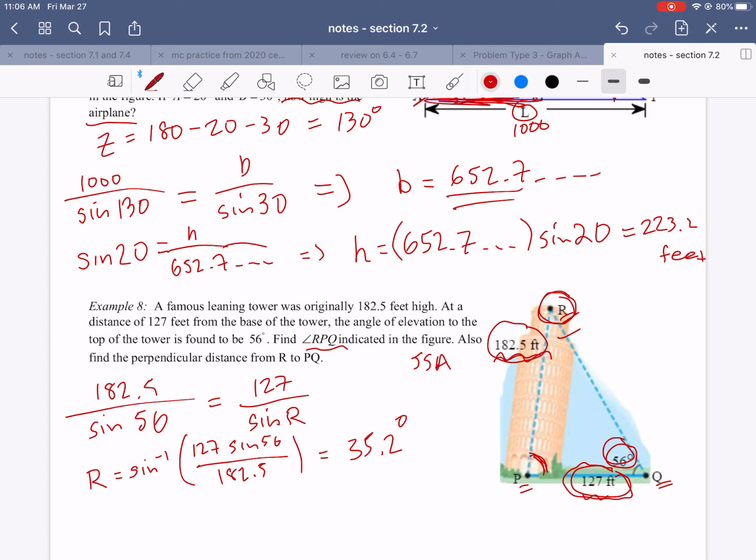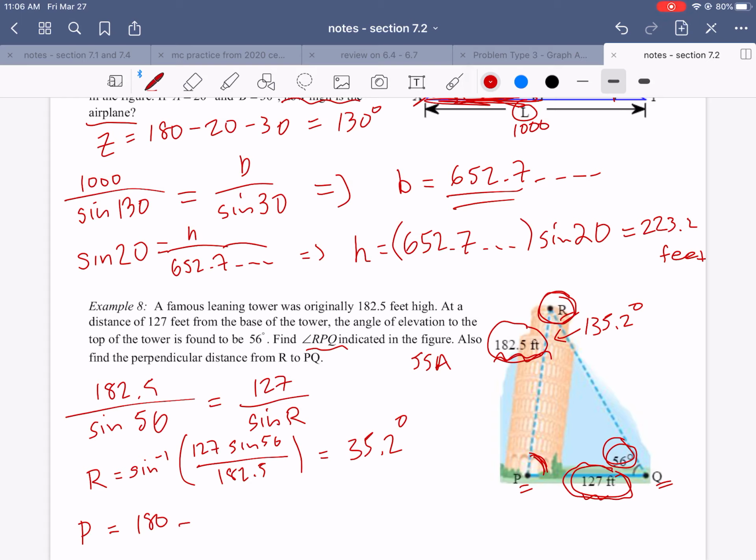And so this angle right here is going to be 135.2 degrees. Now that obviously is not the angle that we were searching for, but because we now have two of the angles in a triangle, we can find the third one, angle P, by subtracting from 180.